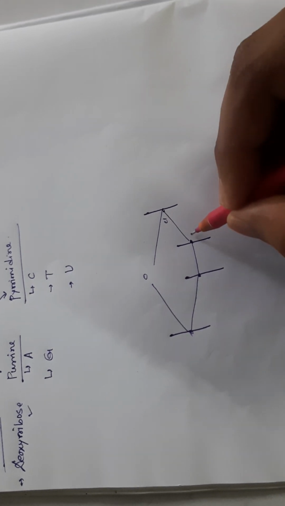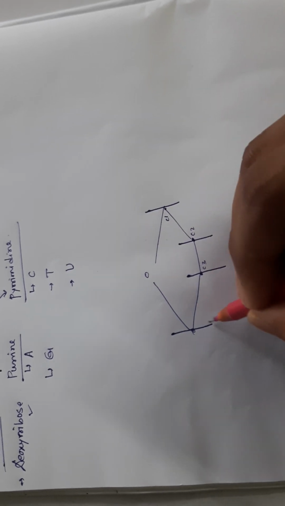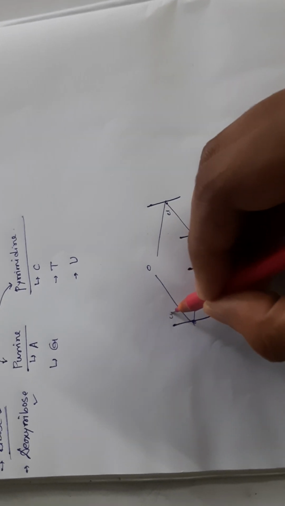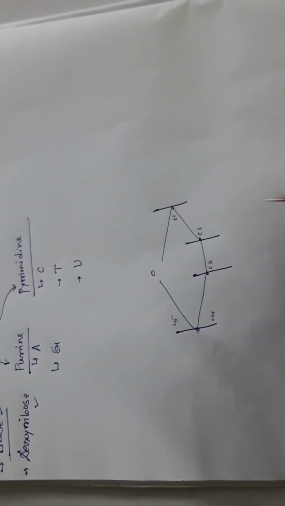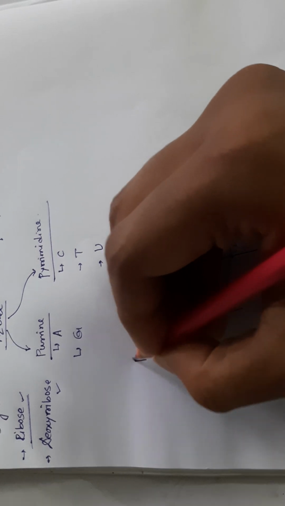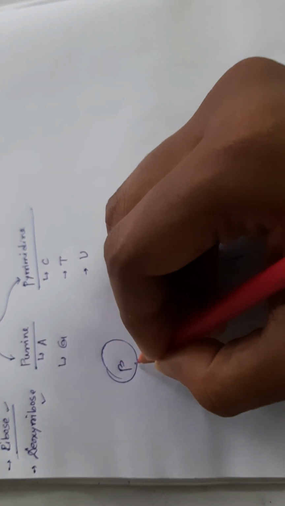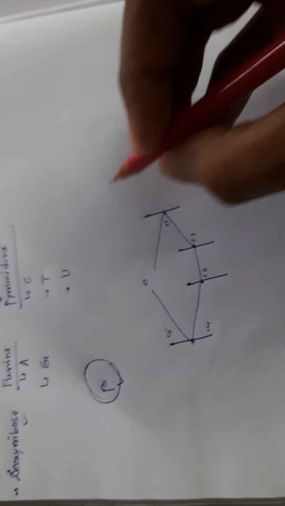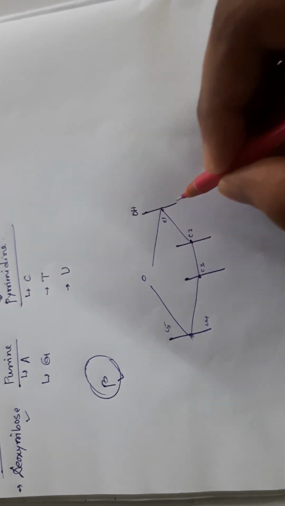This is C1, this is C2, C3, C4 and C5. For nucleotides, this ribose sugar is present in beta formation, meaning the hydroxyl group is present here and the hydrogen is present here.